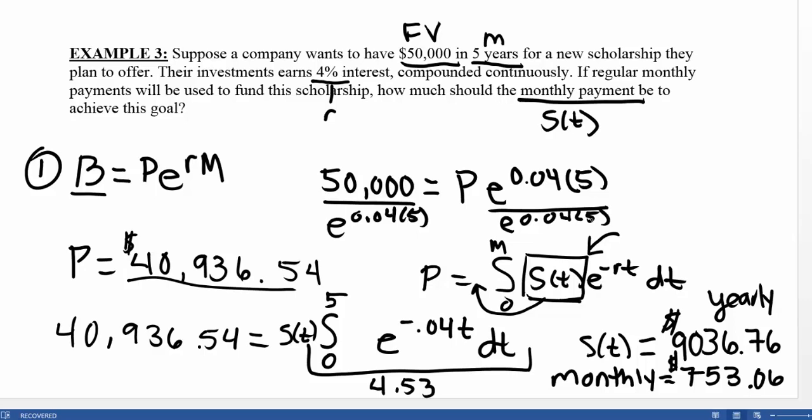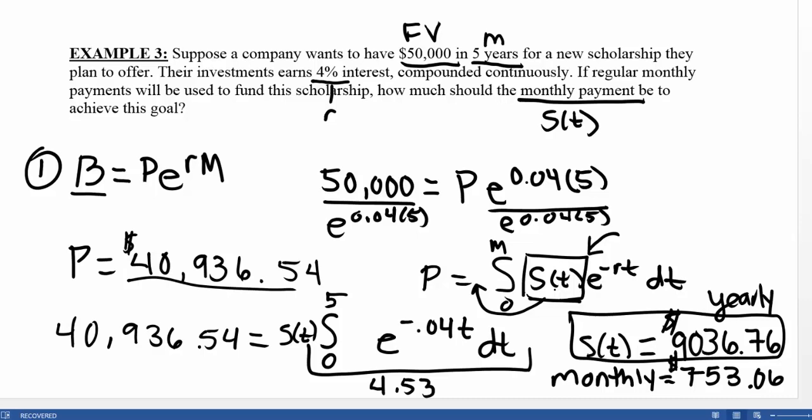That's step 2. Once you have your answer, it will be in terms of a yearly payment, and you can then modify that to what you need. So if you just need a yearly payment, you're done. If you need a monthly payment, you divide by 12. If you need a daily payment, you would divide by 365. But this is how we plug these things in when we start with our future value.